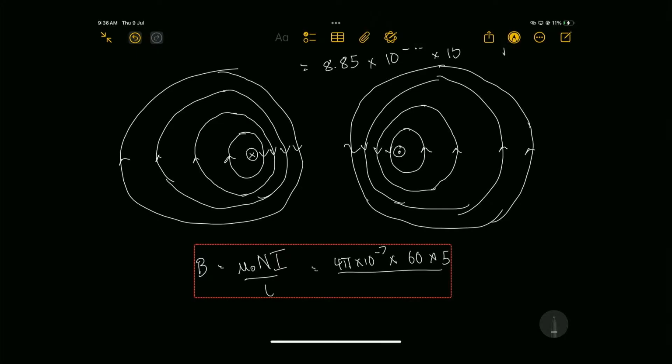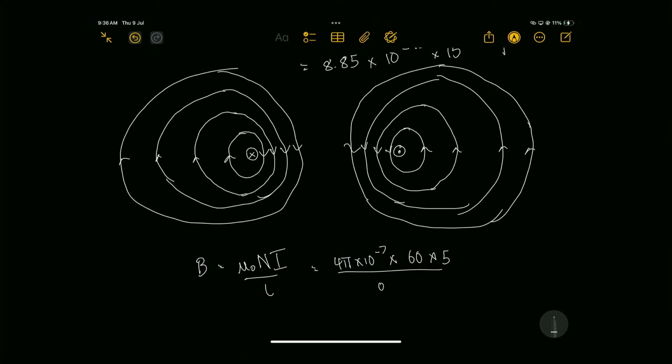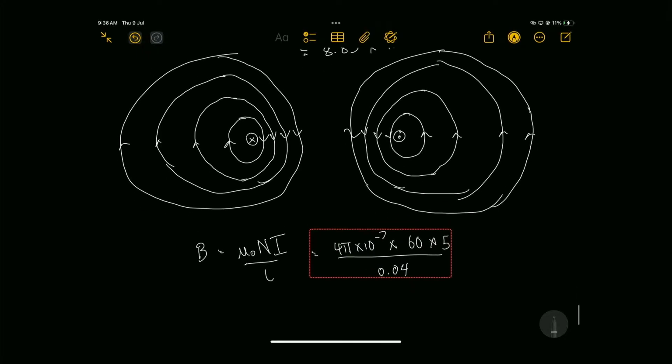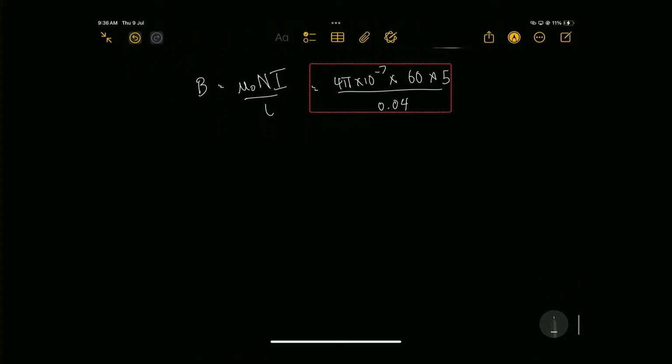Now the question gave us the radius and the length. This L in this case has to be the length, right? So the length is 4 centimeters, which is 0.04 meters, right? The radius would be to calculate the cross-sectional area, but in this equation we have to use L as the length of the solenoid. So you can cancel this 4, this would be equal to 1 here.